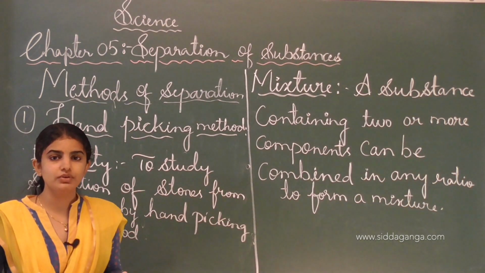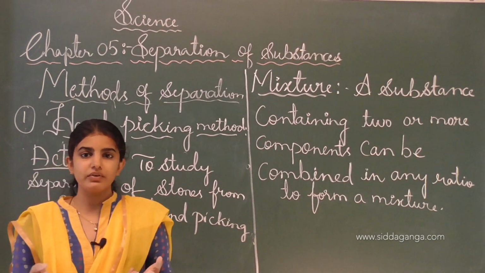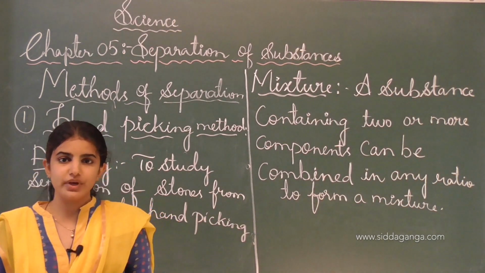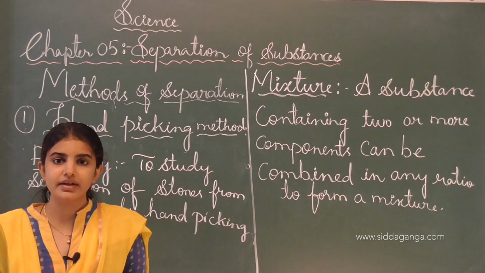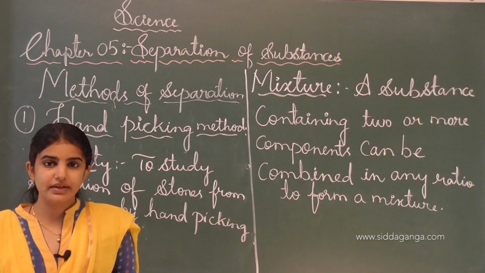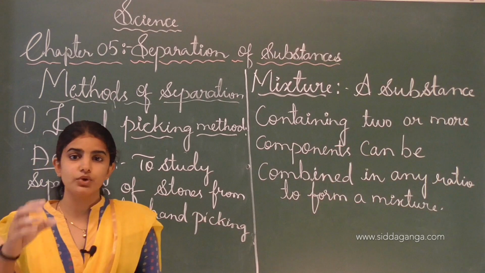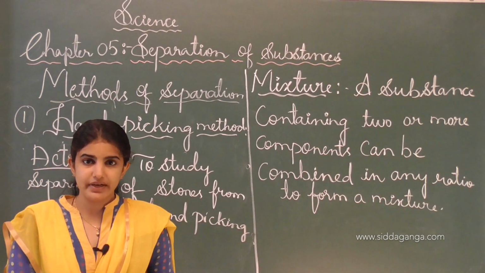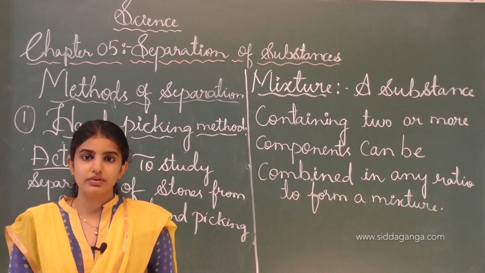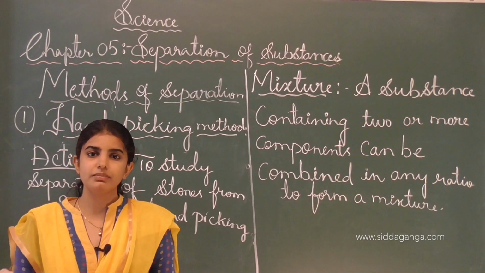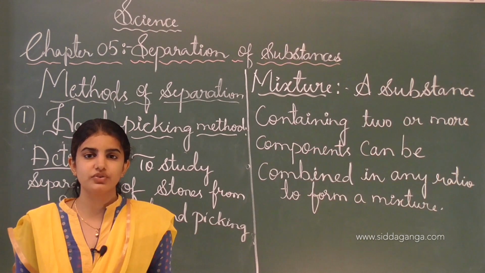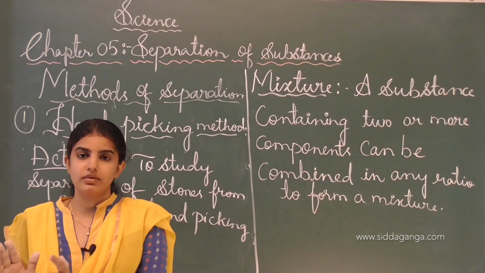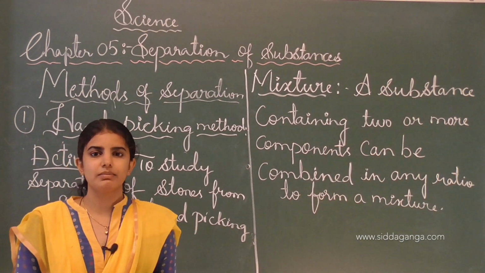See what we will do. First, you take any food items like rice or paddy in a plate, and afterwards you pick the stones, which are undesirable, from the grains. You use your hand, and the undesirable components can be separated from the desirable components.